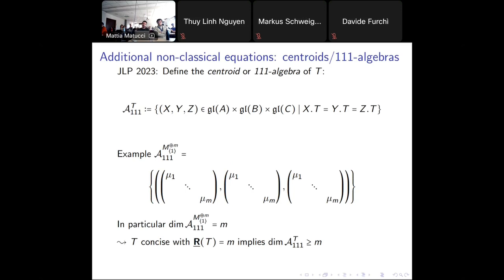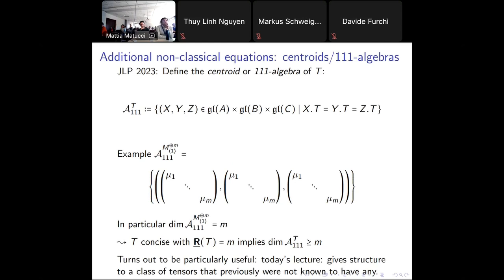So it's not entirely obvious, but it's true that if my tensor is concise with minimal border rank, its 1-1-1 algebra has dimension at least m. And what I'm hoping to discuss today is that this will give structure to a class of tensors that were previously not known to have any structure.